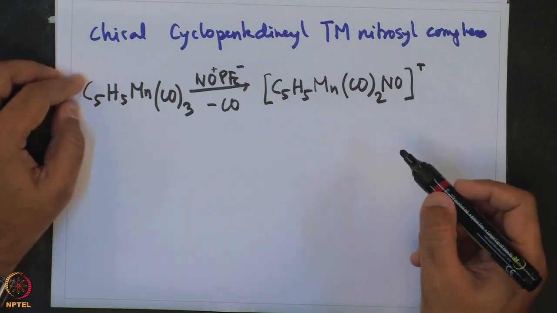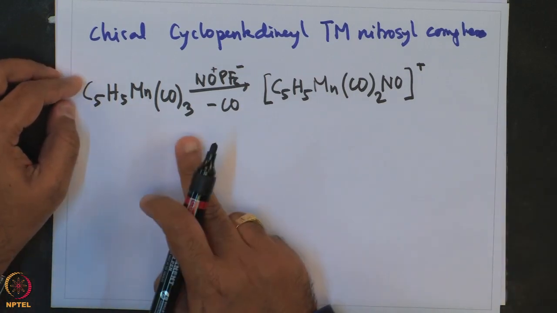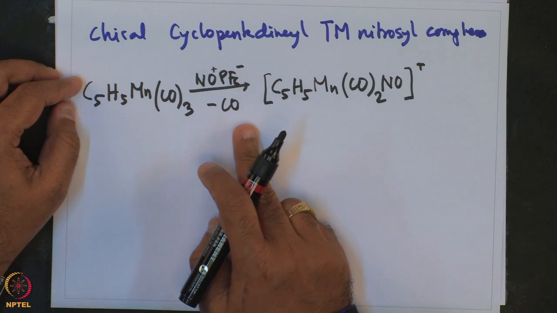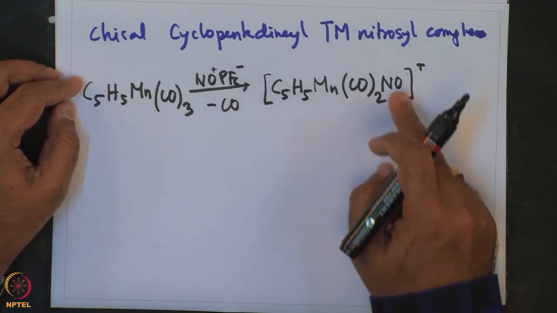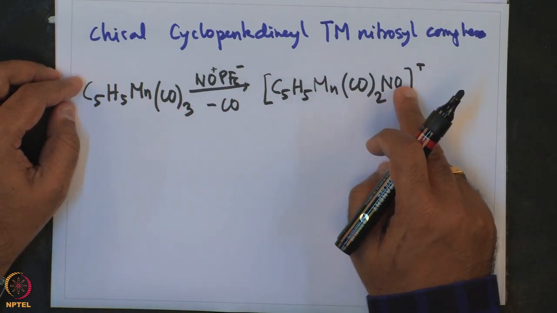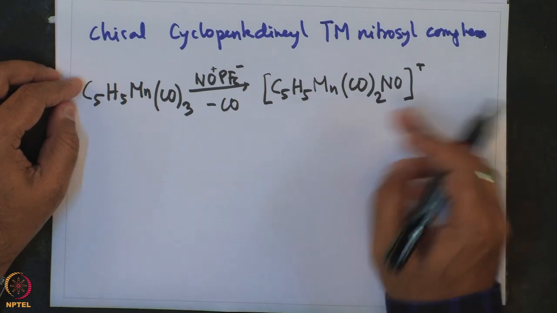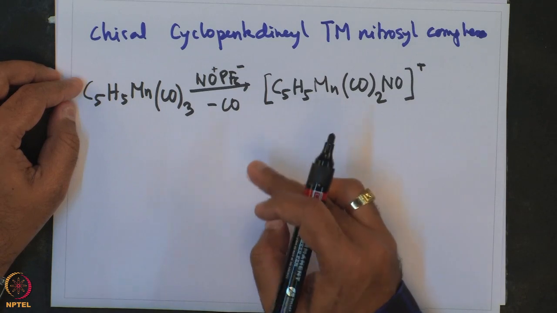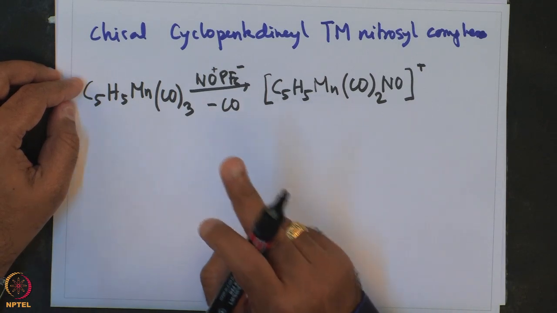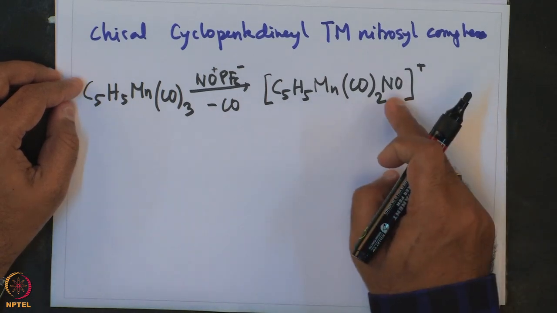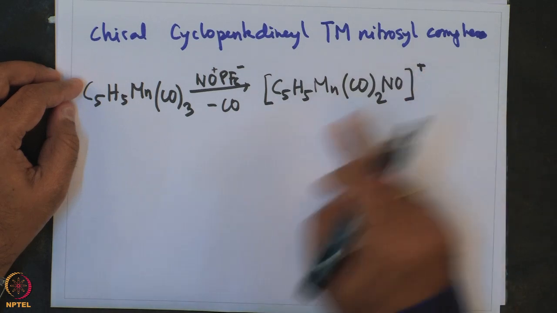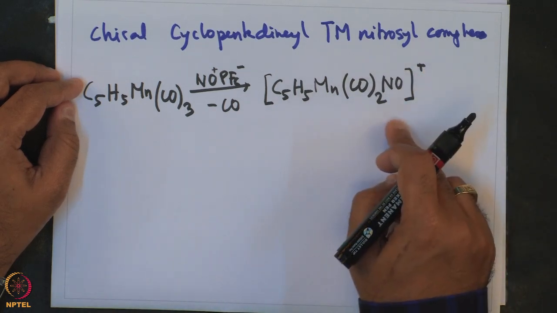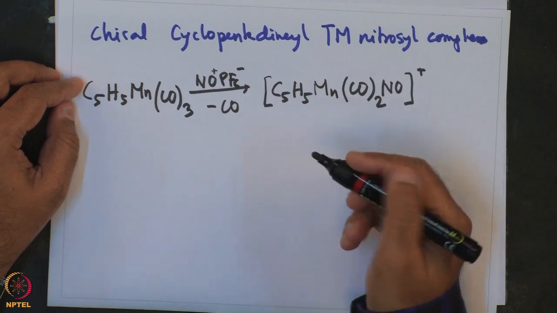Now, one thing that one needs to see here is that one of the COs is getting replaced by NO, and we had discussed replacing COs by NOs. In our earlier discussion we said that if a single CO is replaced by a NO, then a positive charge is introduced, and that is exactly what this reaction turns out to be.